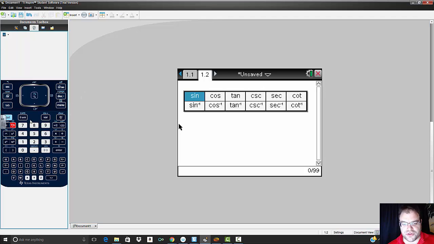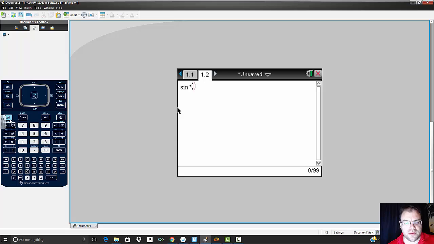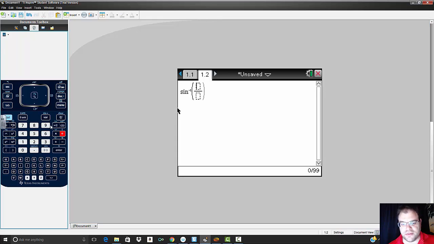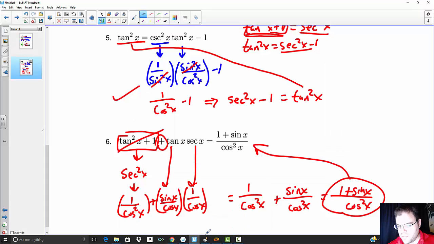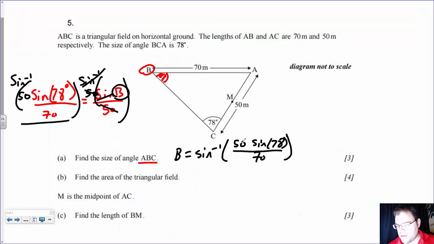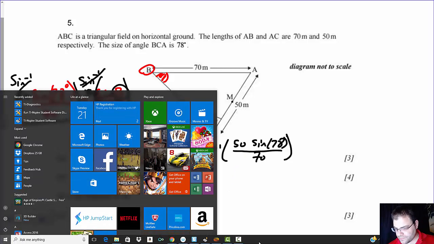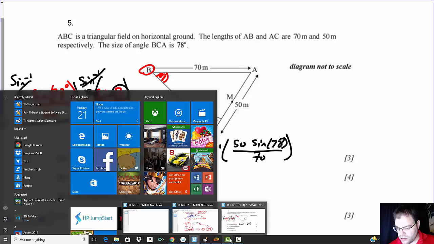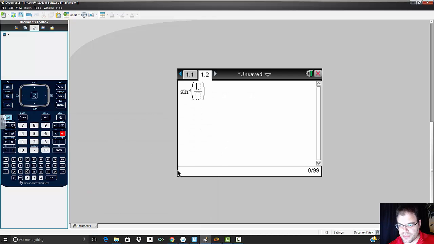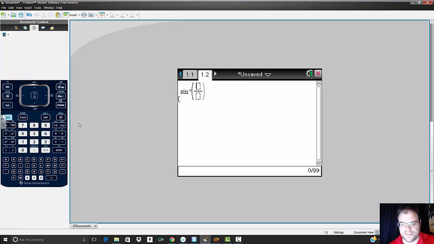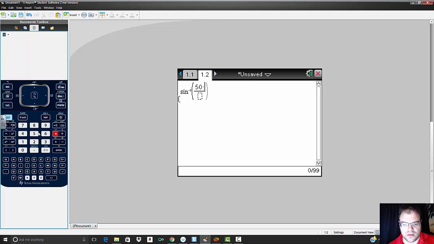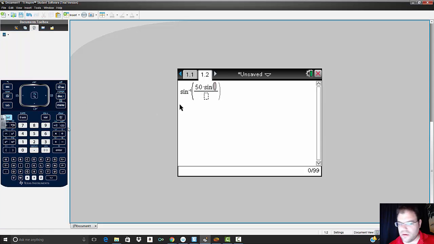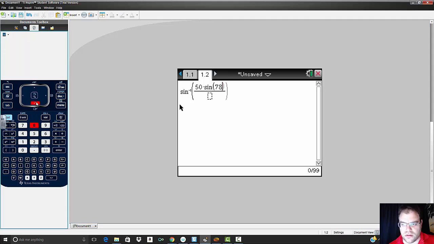So what I'm going to do now is go to Trig. I'm going to say sine inverse, hit Control Divide to make a fraction, and then 50 times sine of 78 degrees all over 70.